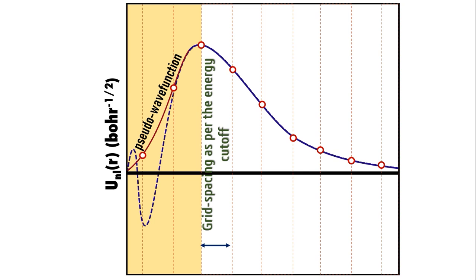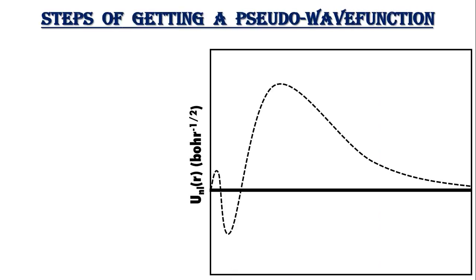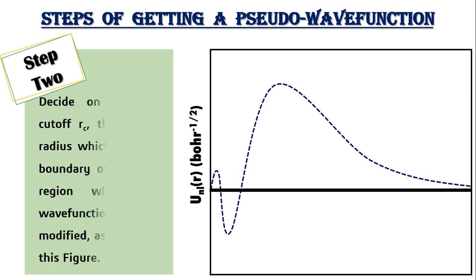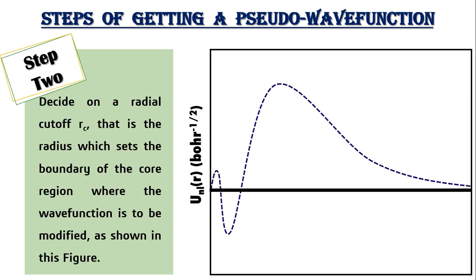Okay, let me summarize now the 4 steps to get a pseudo wave function. Step 1, calculate the Kohn-Sham wave function in presence of the core electrons. This wave function is typically referred to as the all-electron wave function. Step 2, decide on a radial cutoff RC.